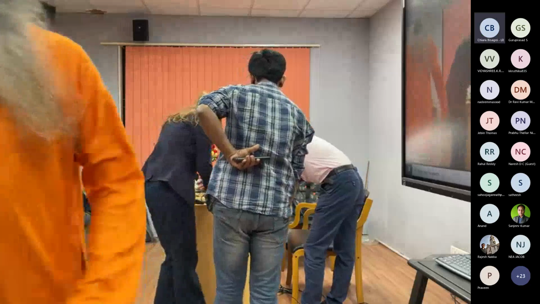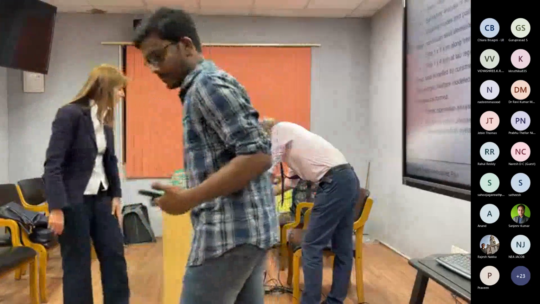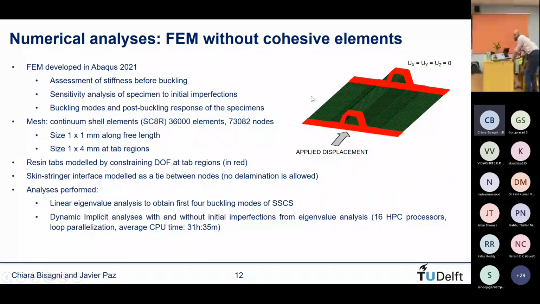The window, no? Yeah, that one. Now we are able to. Now we can see. Thank you.